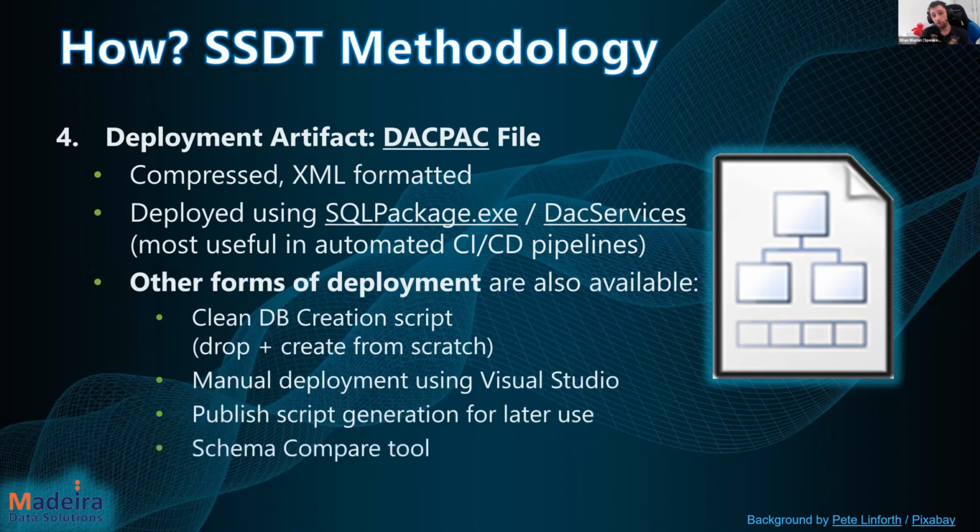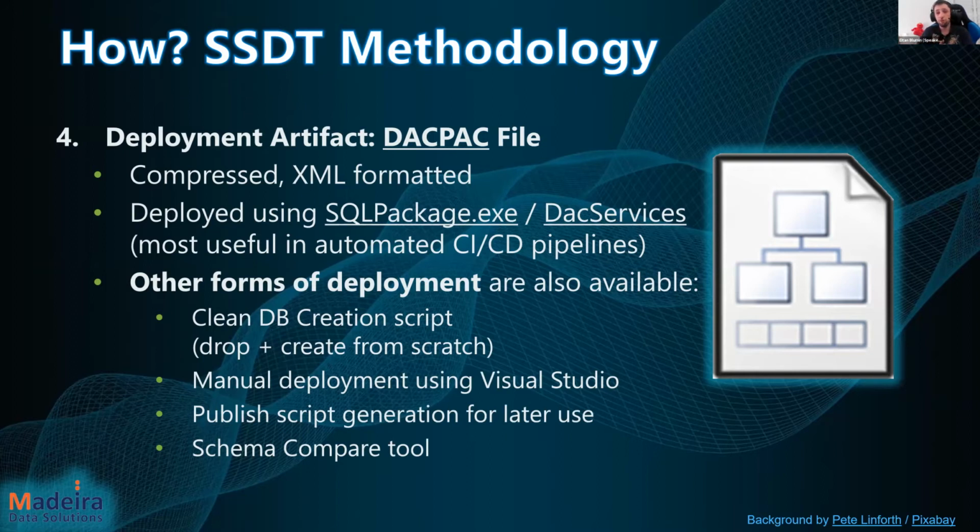There are also other forms of deployment that you can manually perform. For example, you can right-click on a SQL Database project and choose to publish or build it. When you build it, it can create a clean database creation script that includes dropping the database if it exists and then creating it from scratch, or you can just publish it from Visual Studio itself to a target of your choice.